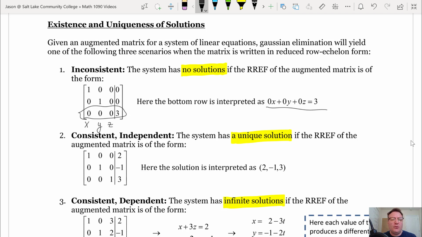The number of variables, x, y, and z, dictates the dimensionality of your space, and each equation's graph will be one dimension less than the space you're in. Like in a two-dimensional space where you have x and y, each equation corresponds to a line, a one-dimensional subset of the Cartesian plane.